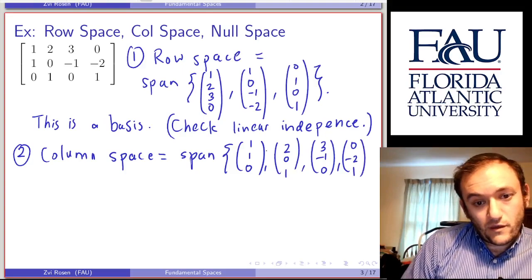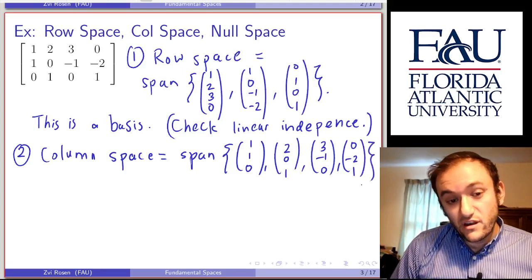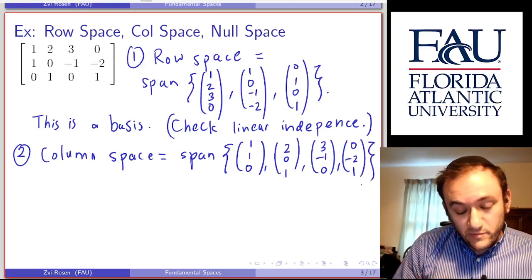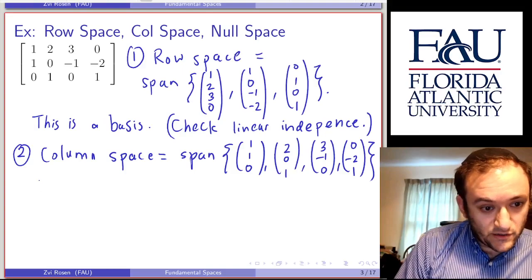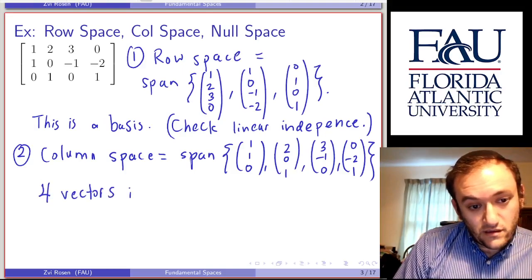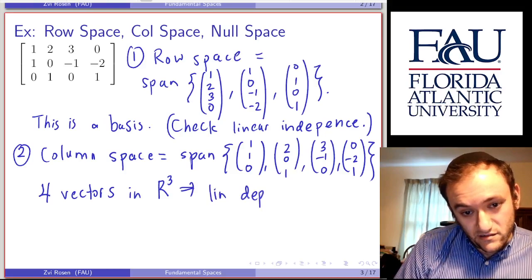So we have 4 columns, 4 vectors here. We know that this is supposed to be a subspace of R3, so right away we know this is not going to be linearly independent. 4 vectors in R3, that's too many. That implies linearly dependent.